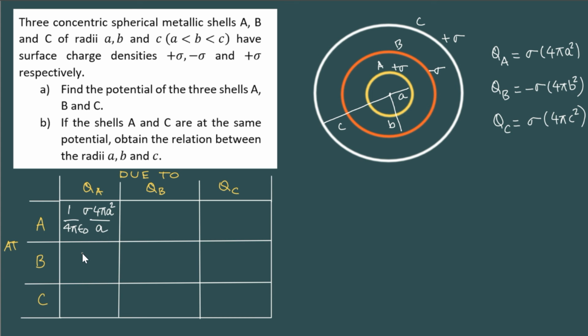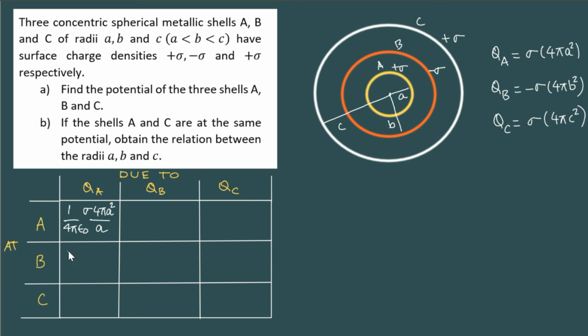Now, the charge on shell A will generate a potential at B and then C depending on the distance from the center of A. At a point on shell B, the distance from the center is b.